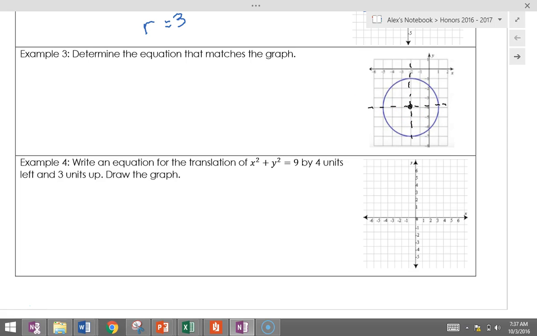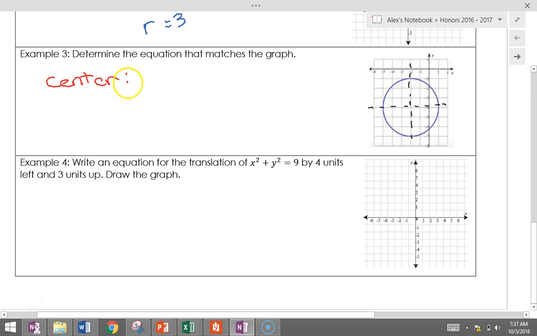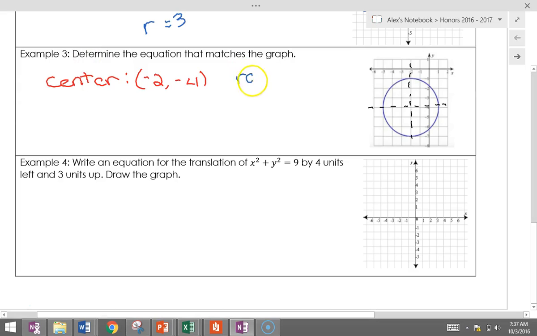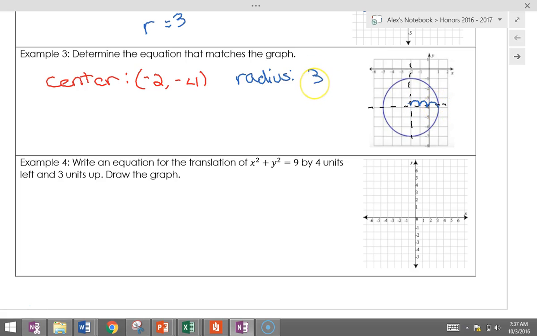And that point is at (-2, -4). For our radius, how far out do we go? We go 1, 2, 3. So our radius here is 3.